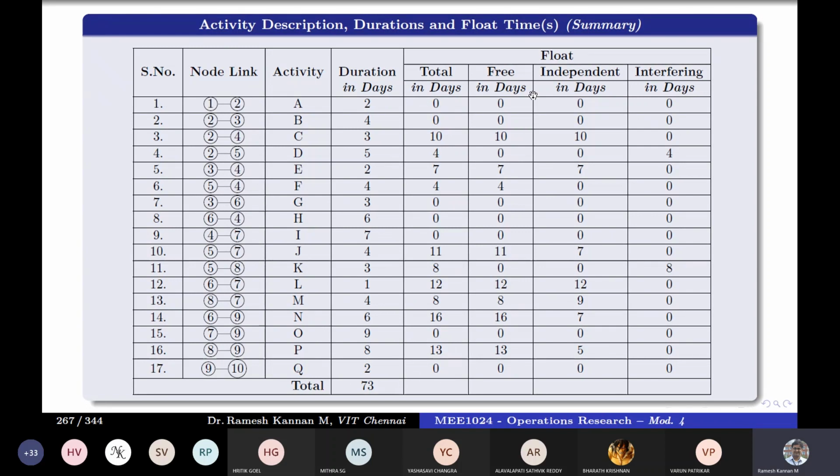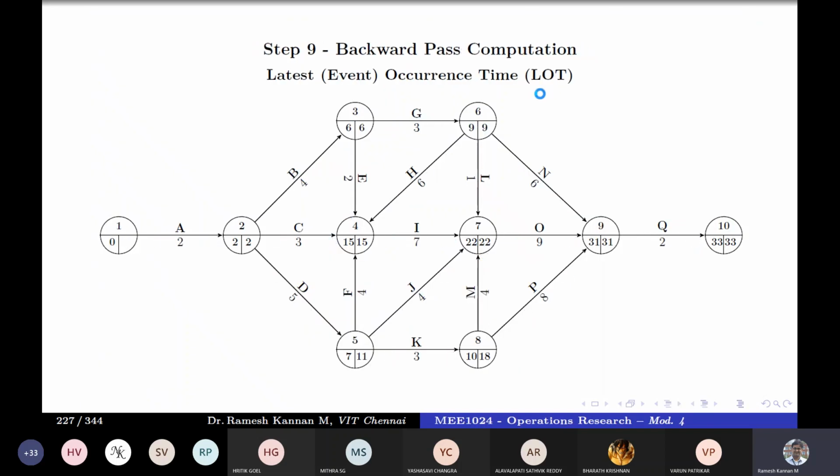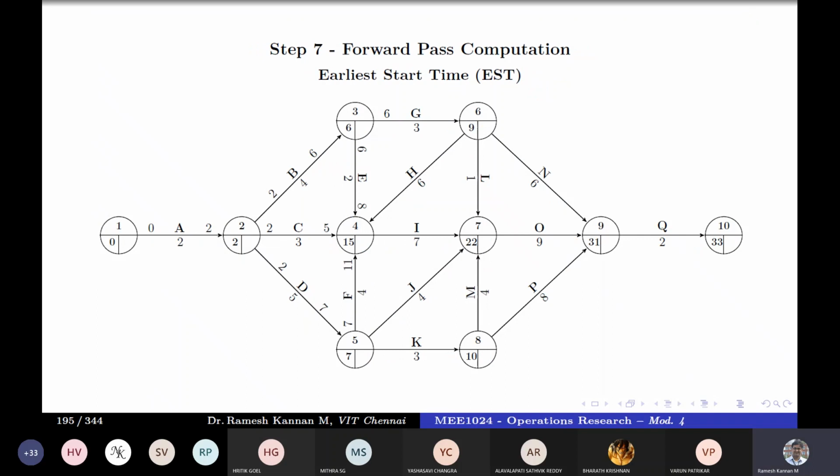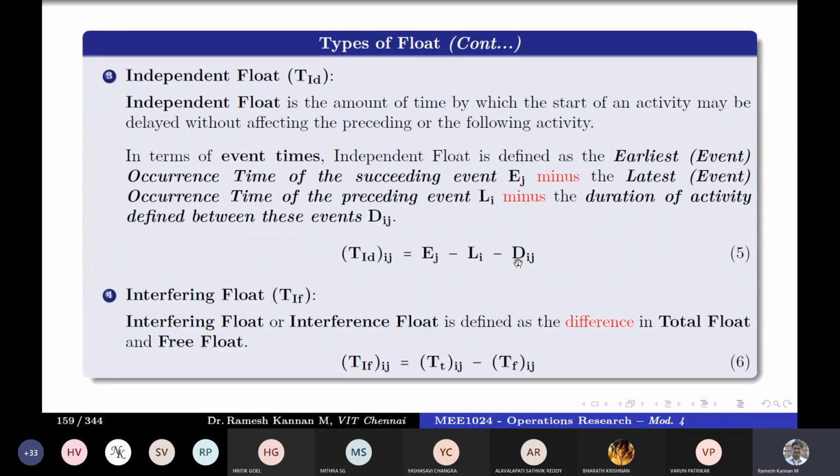That's the total float. And free float, you can take up the formula which we have done: Ej minus Ei minus the duration, whereas the independent float is Ej minus Li minus the duration. And interfering float is total float minus free float.